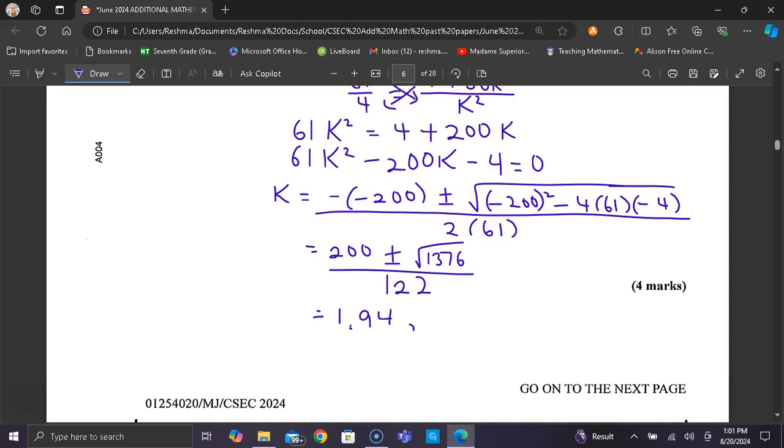Or 200 minus the square root of 1376, and then divide by 122, and we will get positive 1.34. So those are our two values of k.